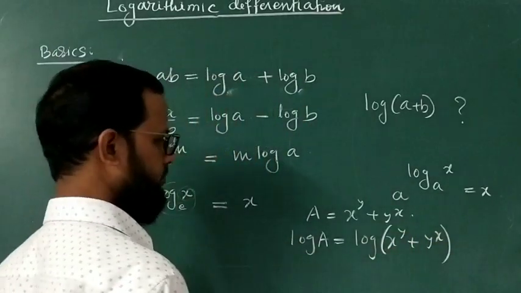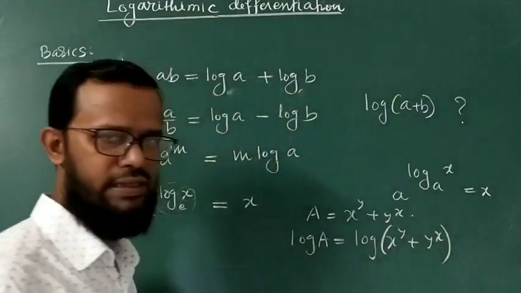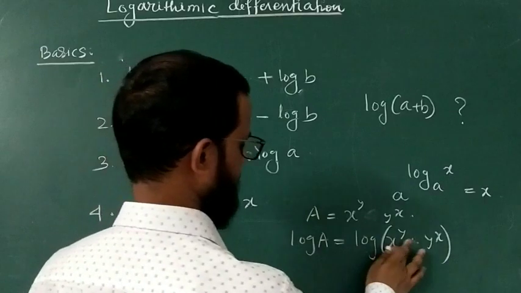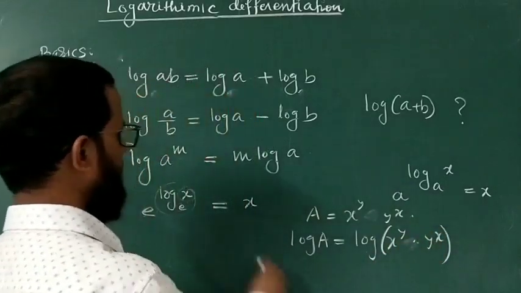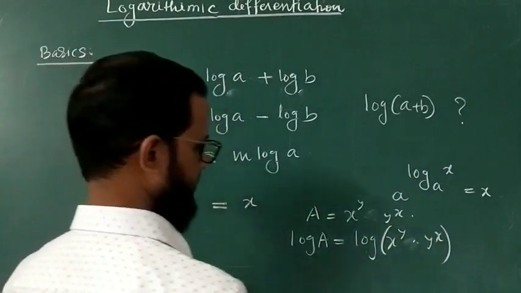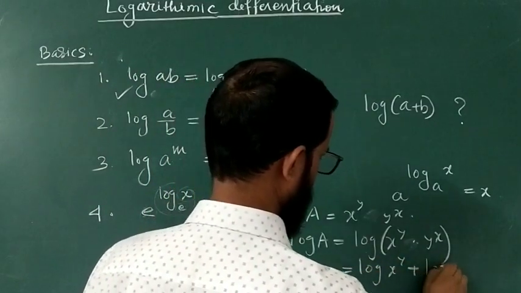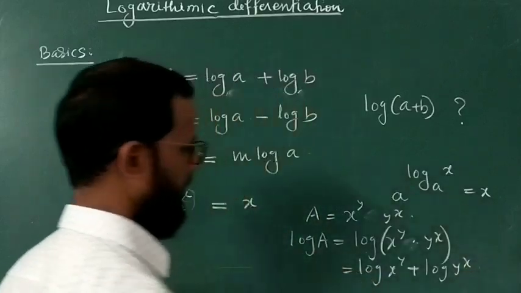It cannot be expanded; there is no such result. But if there is a multiplication, then you can use the result and express it as log x to the power y plus log y to the power x.